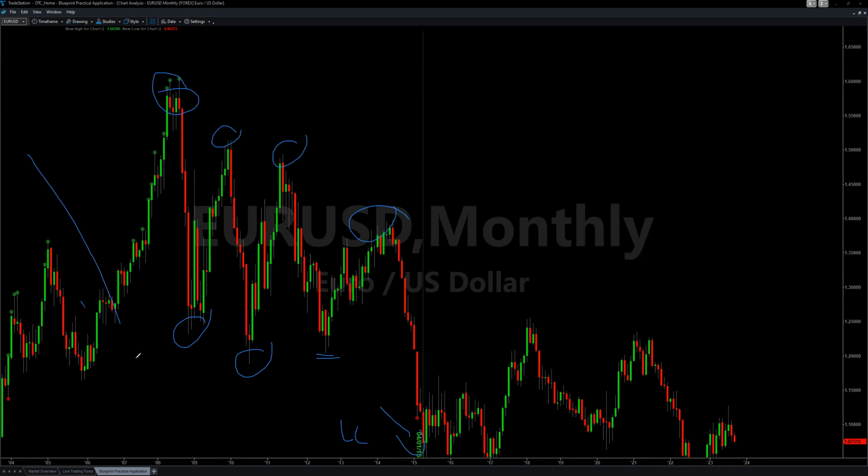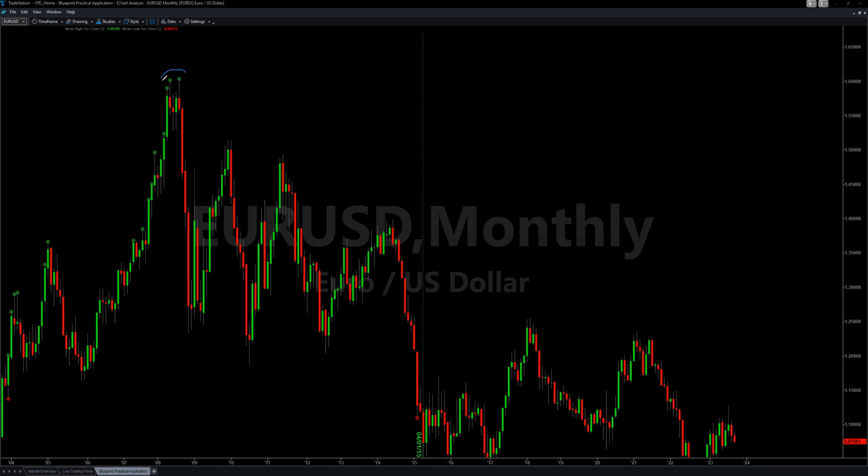That means long-term weakness. Of course, if you see a downtrend like this, you want to follow the trend, right? We're looking more for short opportunities. If we trade short opportunities, we will break the previous lower lows.